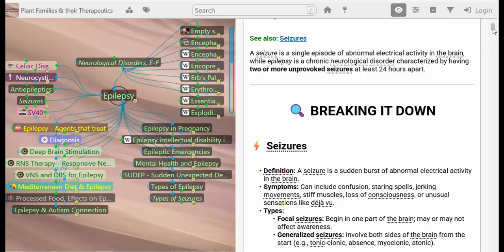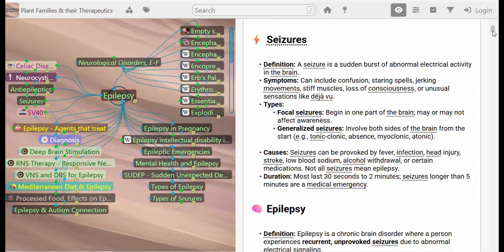It's a sudden burst of abnormal electrical activity in the brain. We've already seen some of the symptoms. Even déjà vu is considered a symptom of a seizure. We have the different types. We've already seen how they can be caused. They last 30 seconds to 2 minutes, and seizures longer than 5 minutes are a medical emergency.